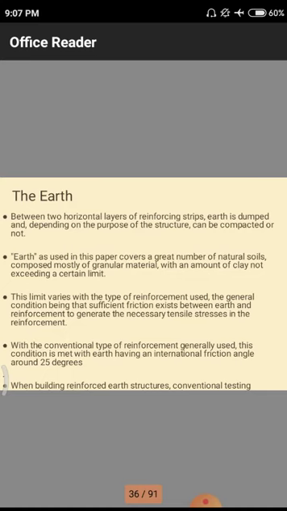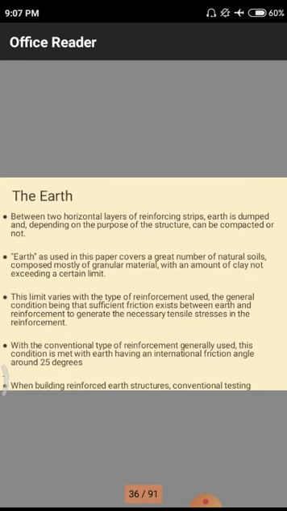With the conventional type of reinforcement generally used, the condition is met with earth having an internal friction angle of around 25 degrees, so a geotechnical engineer has to observe all these conditions. Why? Because they have to maintain proper friction angles between the soil mass and the reinforcing bars.